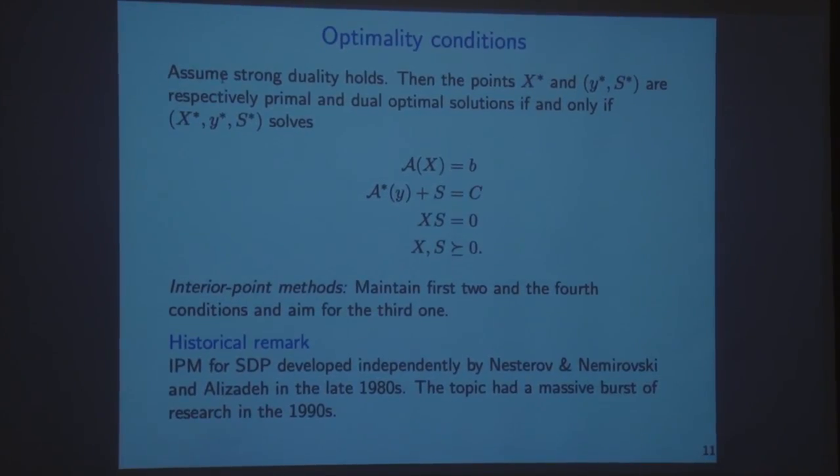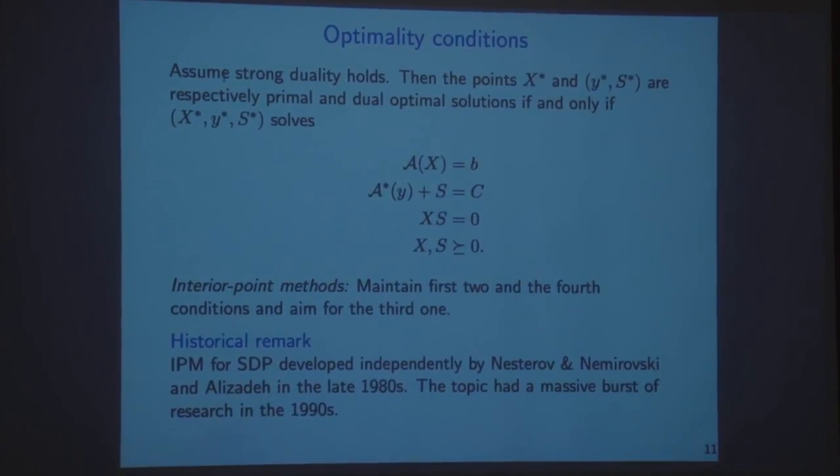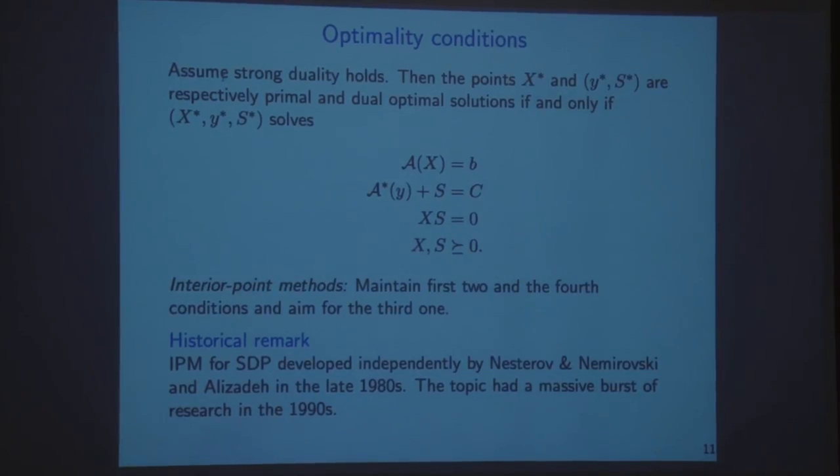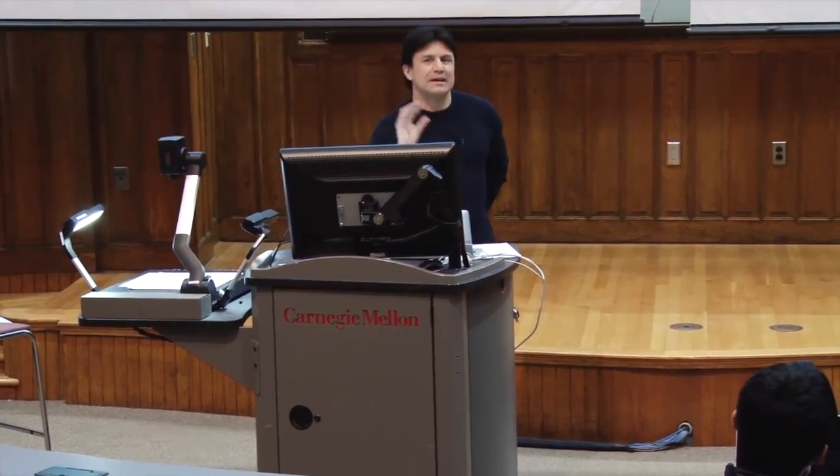And then the topic had an immense amount of research in the 90s. Many people got excited about semi-definite programming because it offered the opportunity to extend a lot of the machinery that we had for linear programming to a much bigger class of problems. So what I want to tell you over the next half an hour or so is the gist of how this extension works.